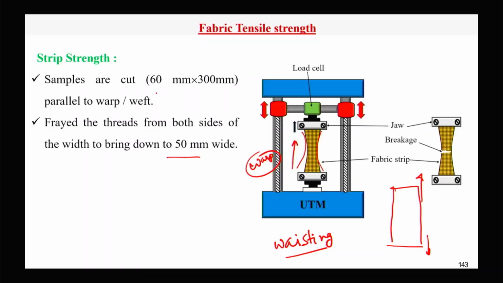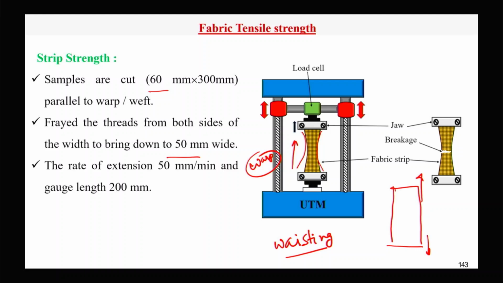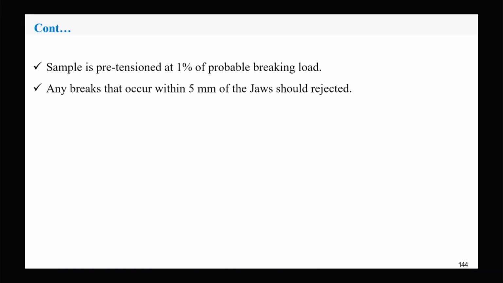So for 50 millimeter width, we are taking out the threads from the edge, 5 millimeter from each side, to ensure that all the threads are gripped by the jaws. The sample is pretensioned. These are the methods.